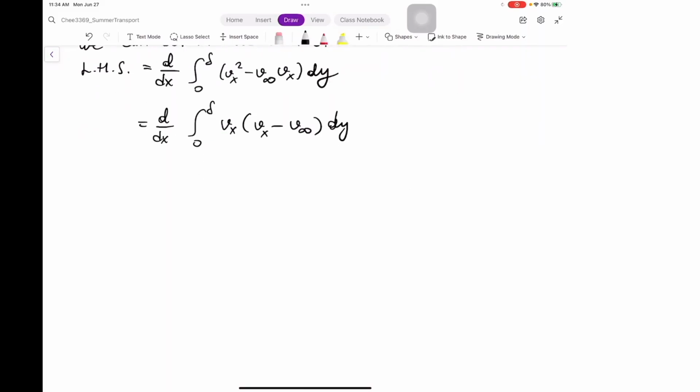And then you can divide and multiply it by v infinity squared to non-dimensionalize what's inside the integral: v infinity squared d over dx, and v infinity is a constant, so I can take it out of the integral and also out of the derivative, times vx over v infinity times vx over v infinity minus 1 dy. Okay.